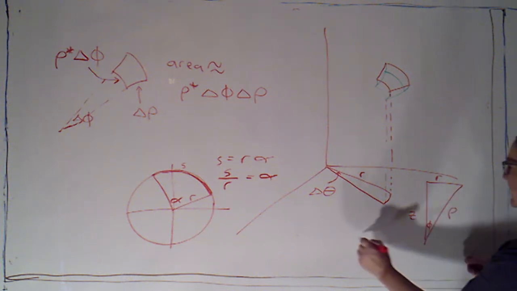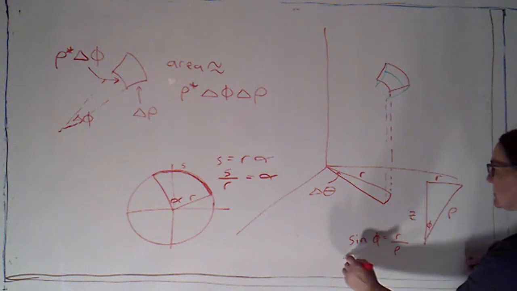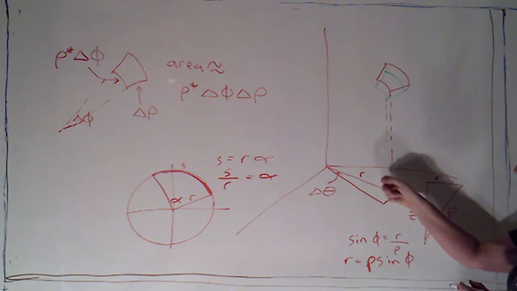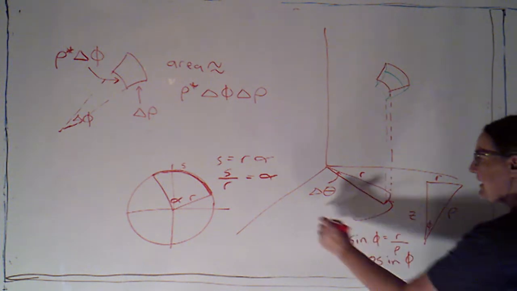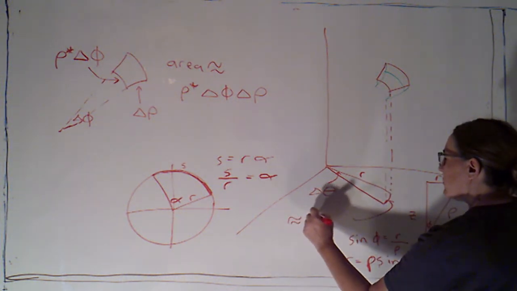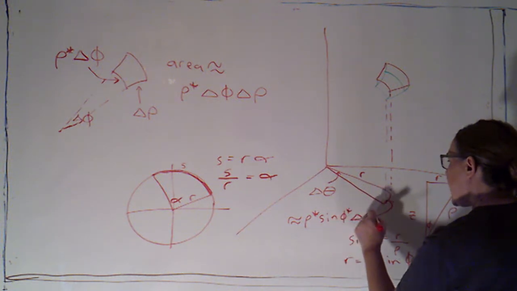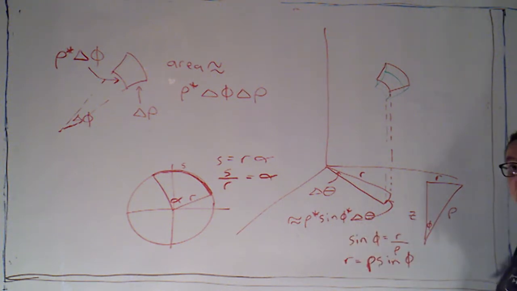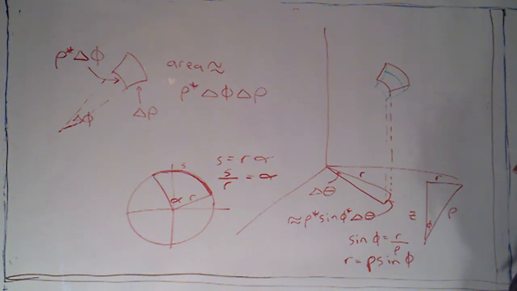I know that sine of phi is r over rho, so r is basically rho sine phi. So I can approximate that this length is about rho star sine phi star times delta theta. That's my r value times the change in theta for some representative rho and phi value.